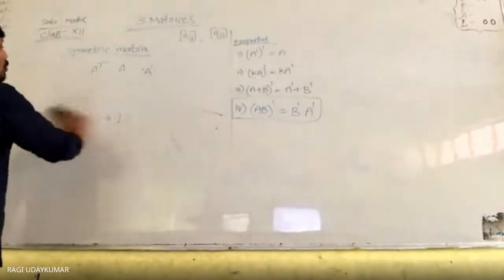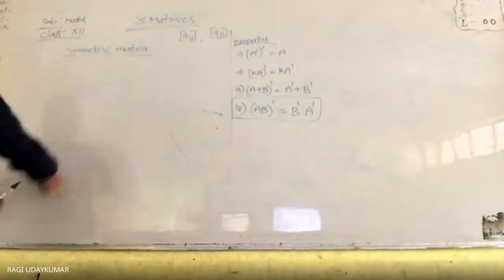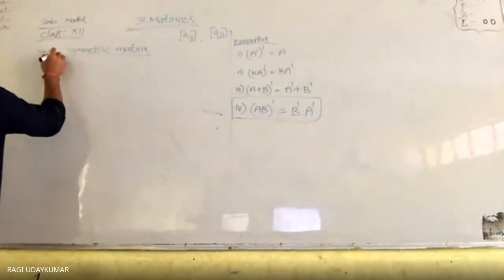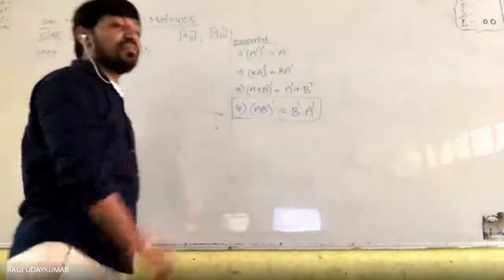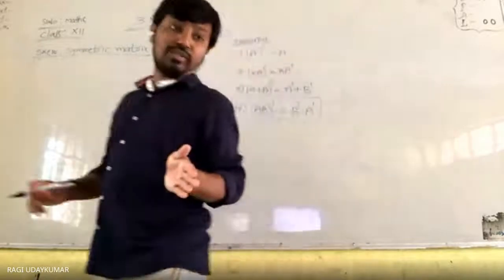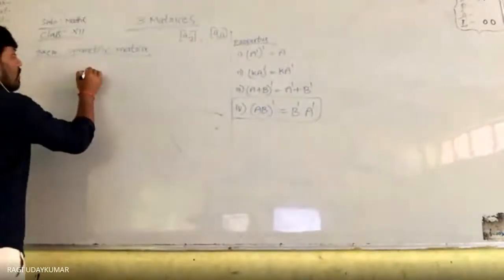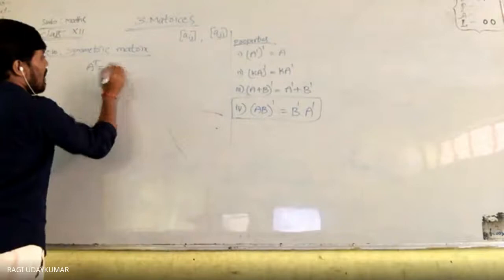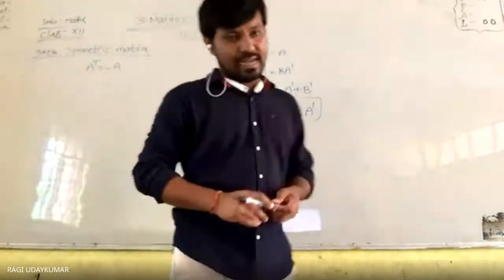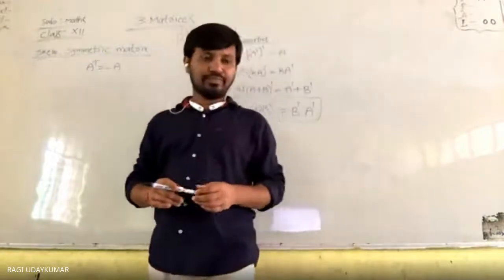Let us go for the skew symmetric matrix. The next type of matrix is the skew symmetric matrix. S-K-E-W. What is this? Skew symmetric matrix is nothing but if A transpose is equal to minus A, then that matrix is called a skew symmetric matrix. Did you get my point?